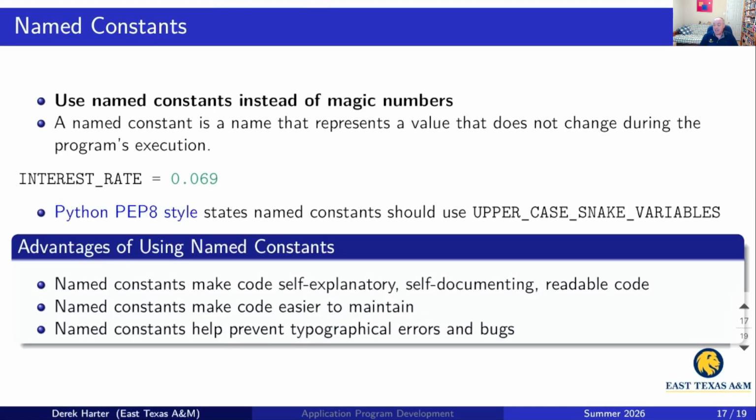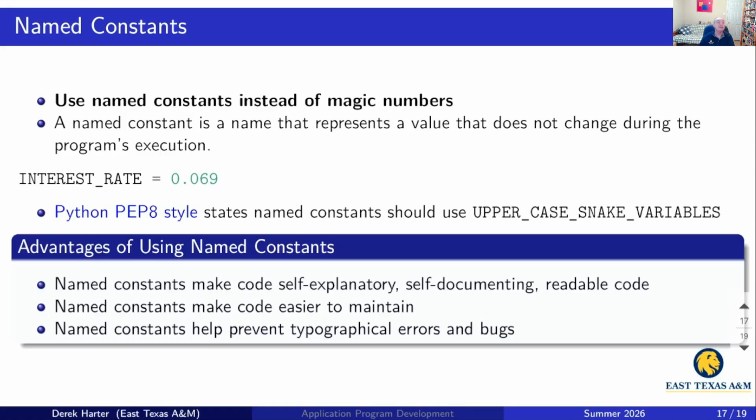So you might get comments in code reviews when you do assignments in this class that you need to name your constants. Don't use magic numbers. Instead, you should use a named constant. In Python, basically you declare a variable, but the style is to use all uppercase snake case.